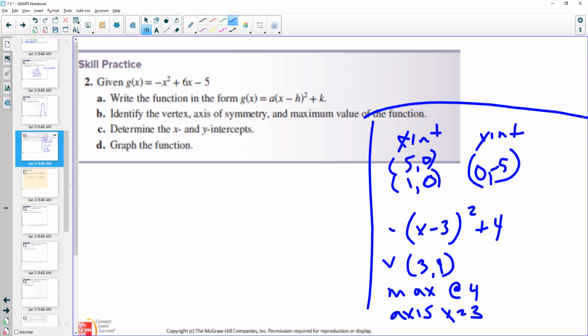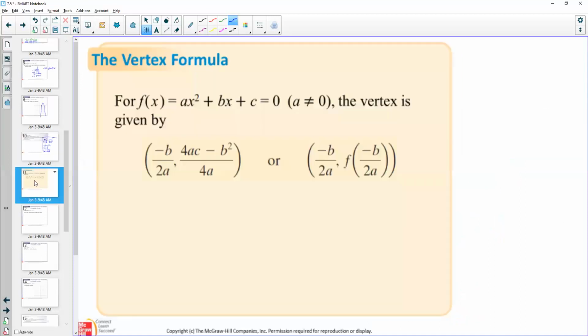One of the ways that we can find the vertex of a graph is by going through these steps. We get the vertex, but we got a lot of information about it. It's a really good thing to be able to do. Sometimes, though, all we really need is the vertex.